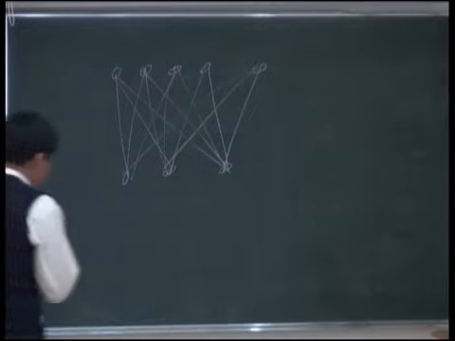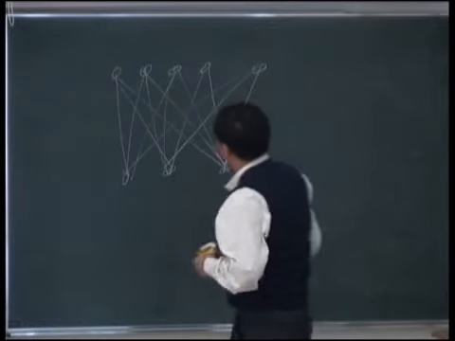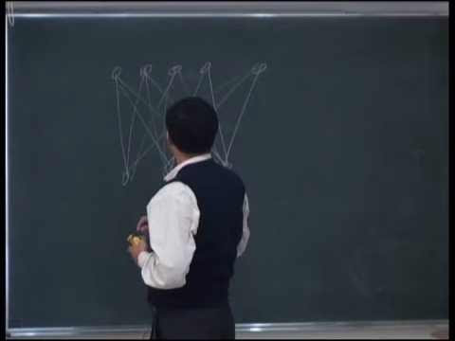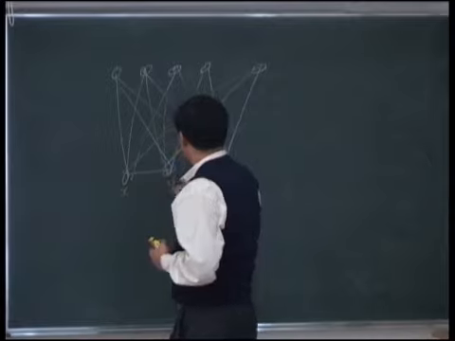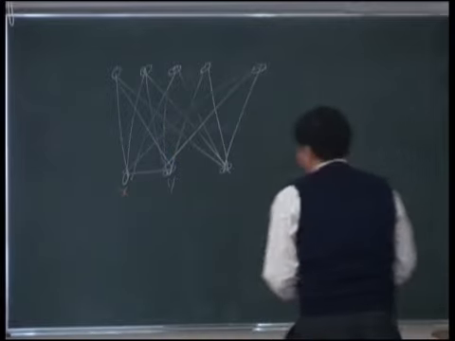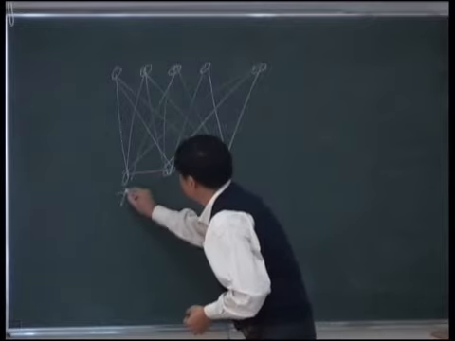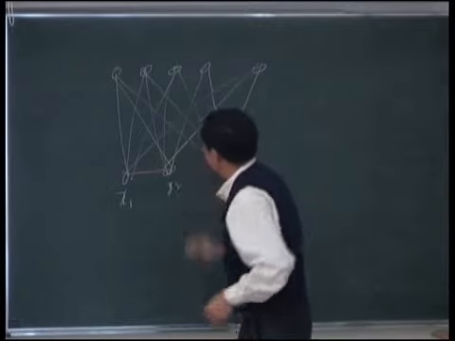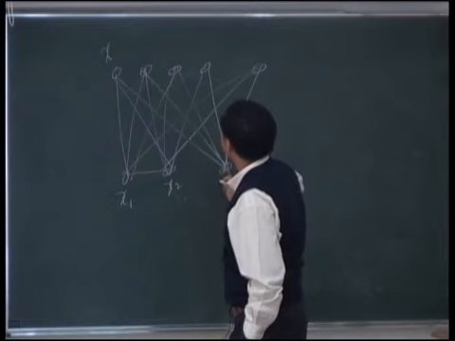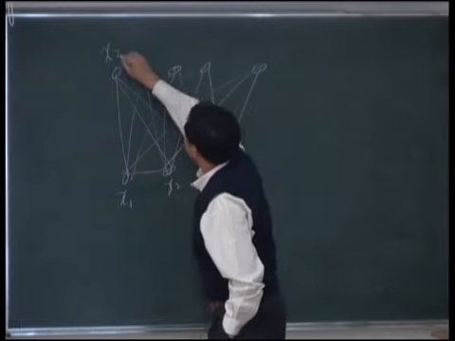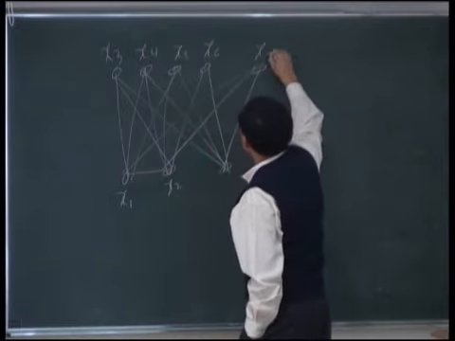And I need to add in one more edge. Now I start to label. Label this as S1, S2. For example, this is S3, S4, S5, S6, S7.